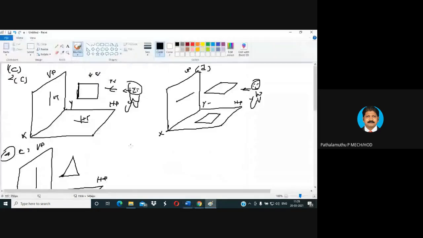Question number 6. A plane is perpendicular to the vertical plane and inclined to the horizontal plane.